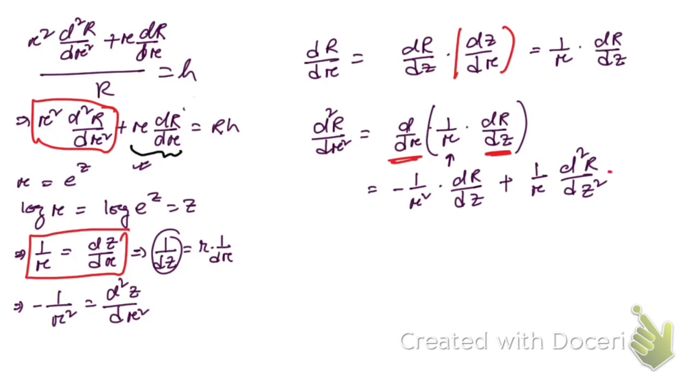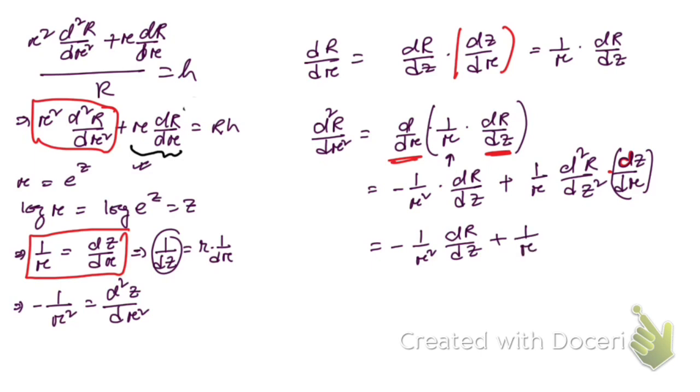So that's why again we have to write here dz by dr. That's what we have to write, okay? And dz by dr is nothing but 1 by r, so we're gonna put here 1 by r, minus 1 by r square d capital R by dz plus 1 by r.